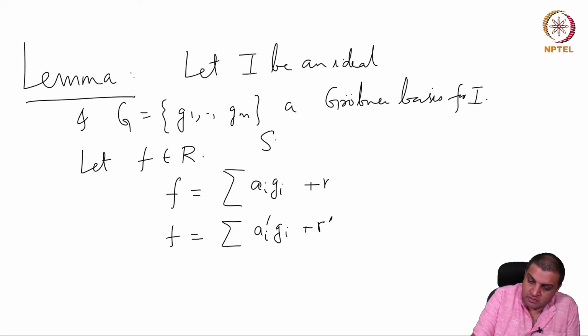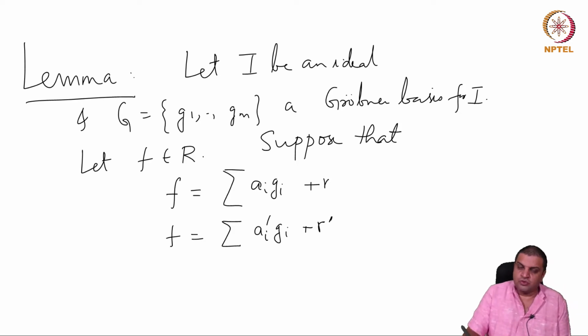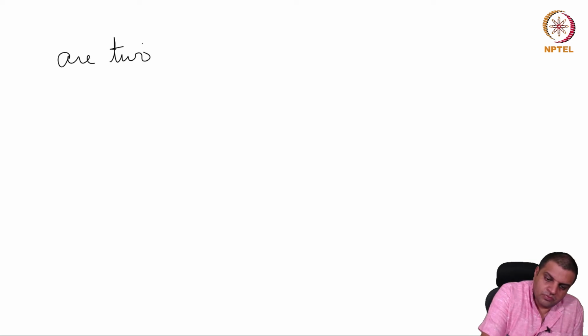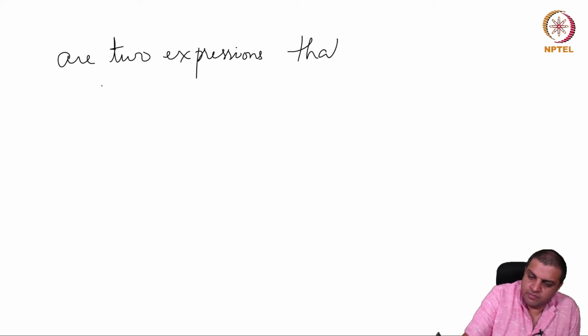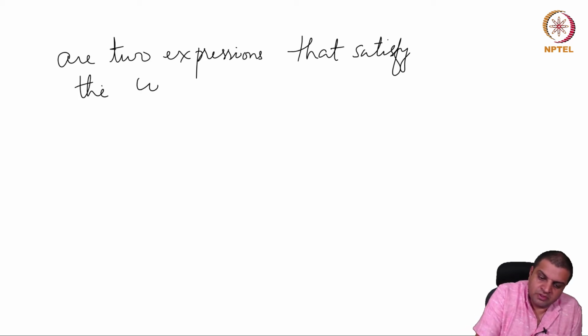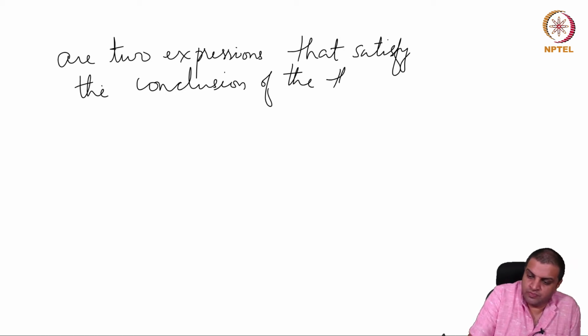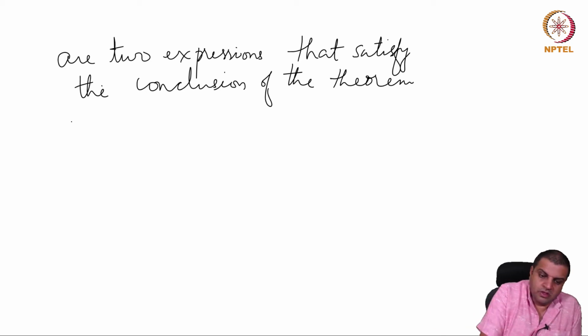So suppose that these two, this and this, are two expressions that satisfy the conclusion of the theorem about the division algorithm.